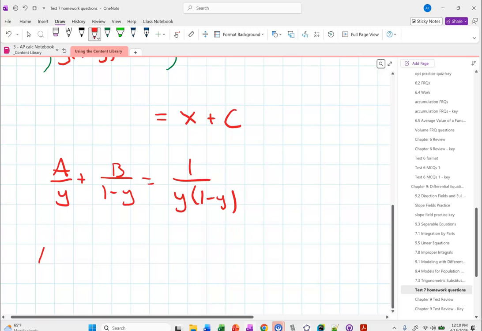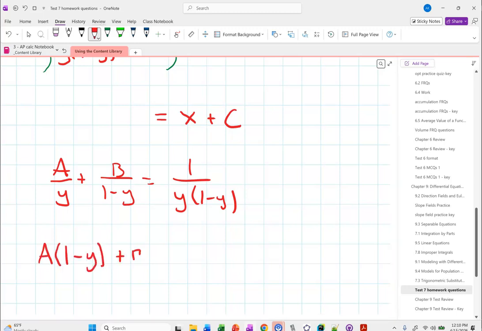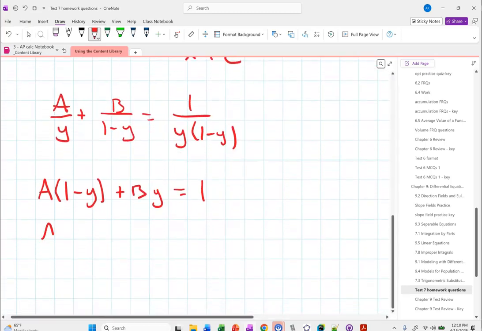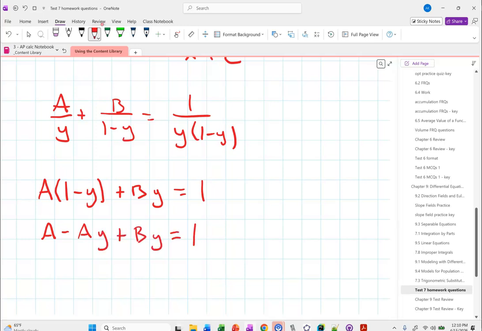If I multiply both sides by y times 1 minus y, I get that. And then we'll distribute the a through. Okay.